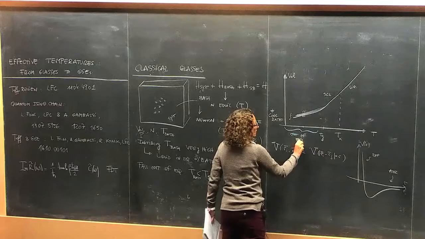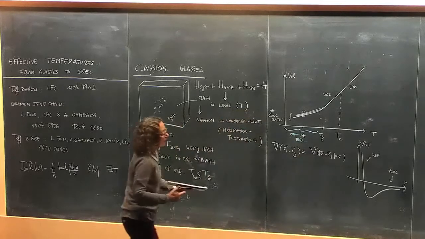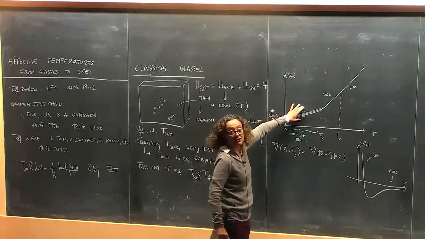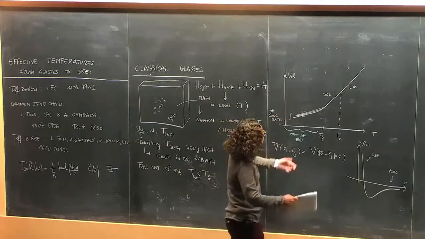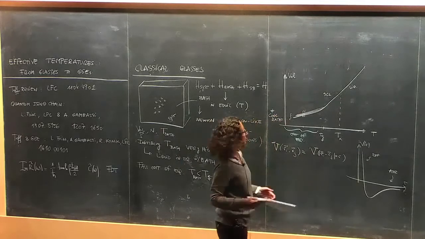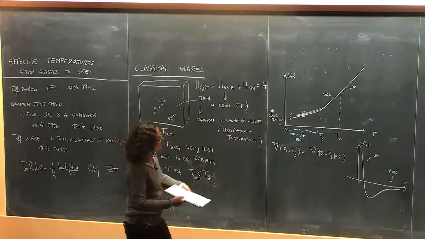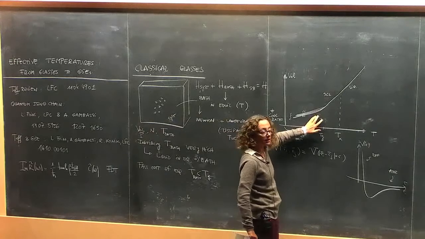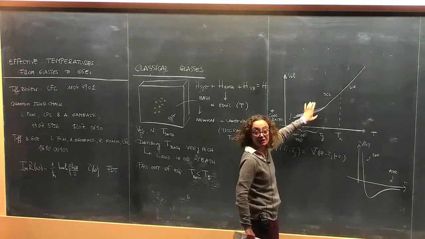Now, the times over which you will see behavior like that are extremely long. And there is no way in the lab or in your numerical simulation to do this procedure sufficiently slowly to reach equilibrium below this Tg.